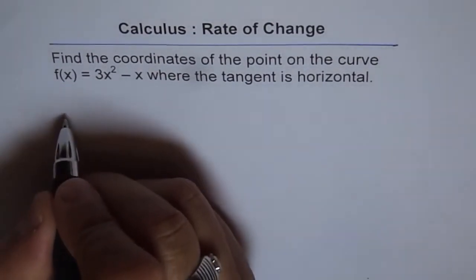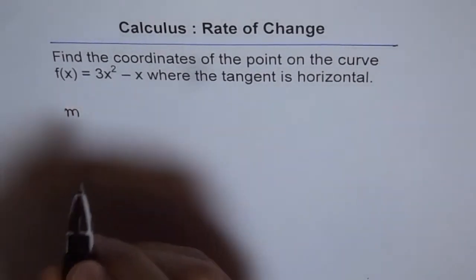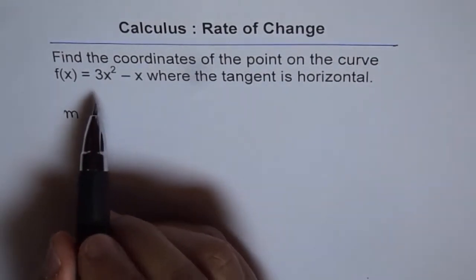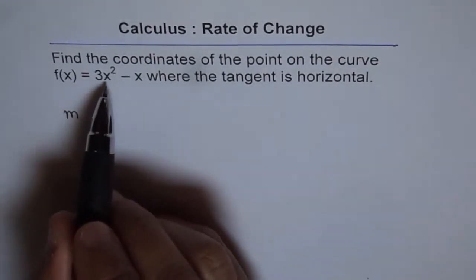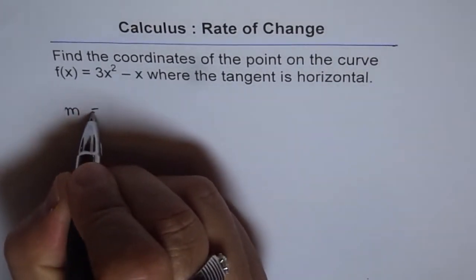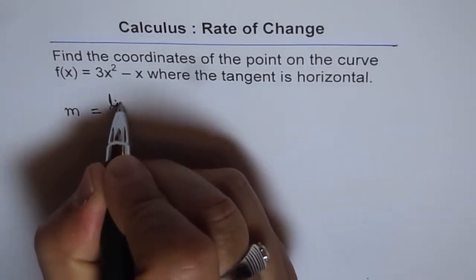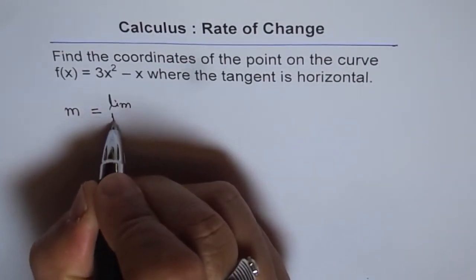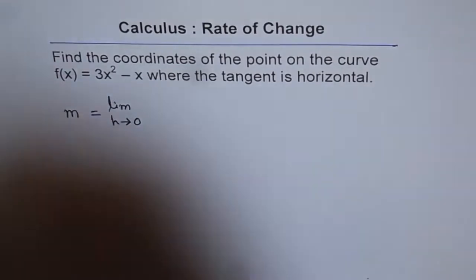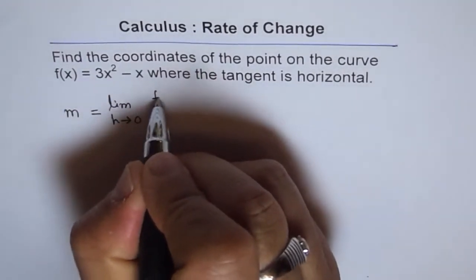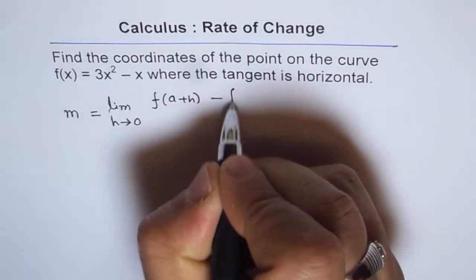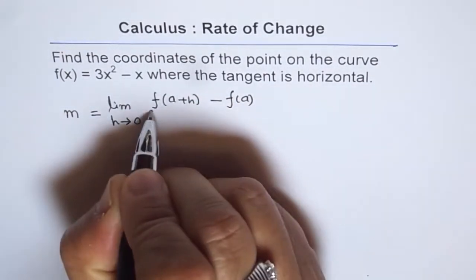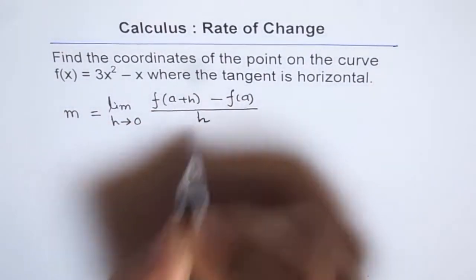So let's go with that. Let's say the slope m of the tangent line on any point A is the limit, where h approaches 0, of f of a plus h minus f of a, divided by h, correct?